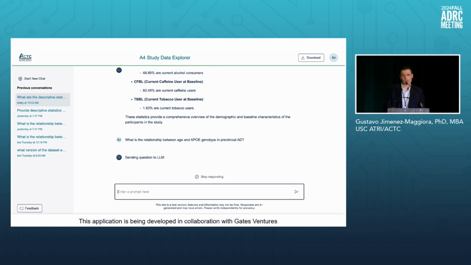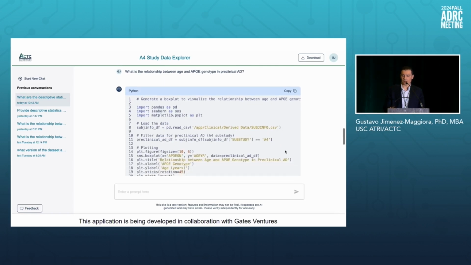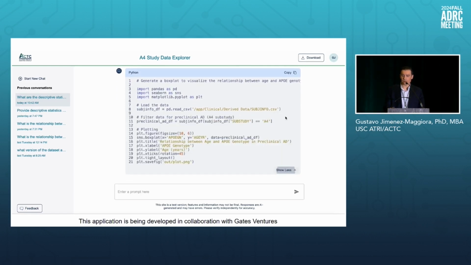We've seen that this approach can actually lead to a good starting point for investigators that want to orient themselves to how the data is organized and how to develop some analysis around these data sets.